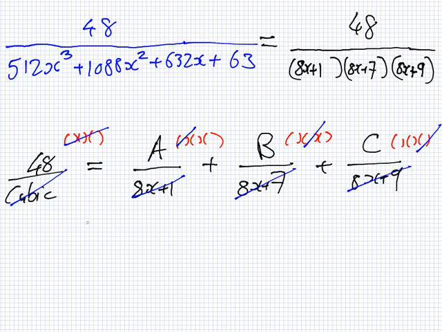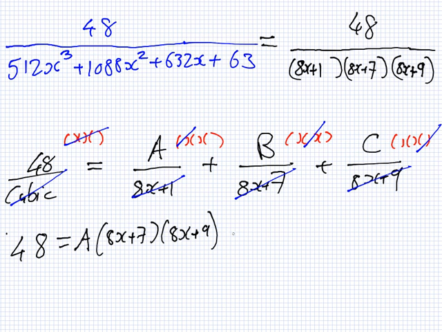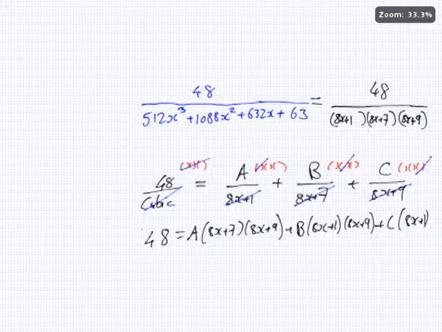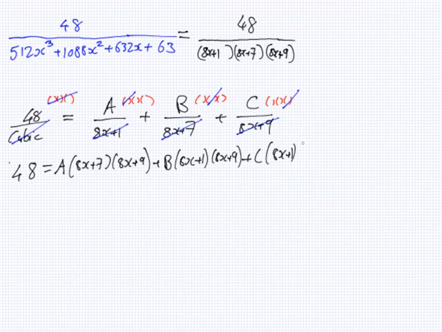So you are left with 48 equals A times 8x plus 7, 8x plus 9, plus B times 8x plus 1, 8x plus 9, plus C times 8x plus 1, times 8x plus 7. But it's the same idea.